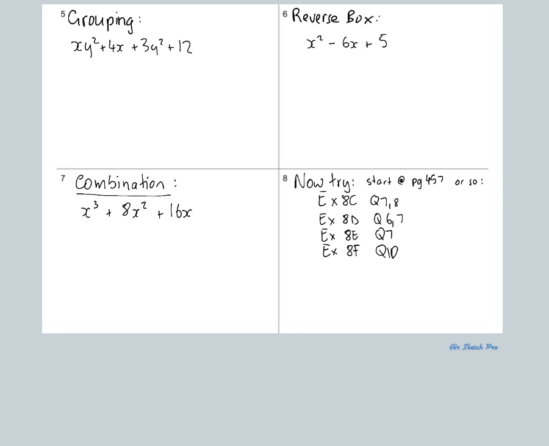What grouping does is it asks you to, if you can't factorize an entire expression, it says maybe you can factorize part of it and see what happens. Okay, so in the case of the expression on the board, I don't really need to reorder them, but potentially I might have to reorder these expressions to see what I can do with them.